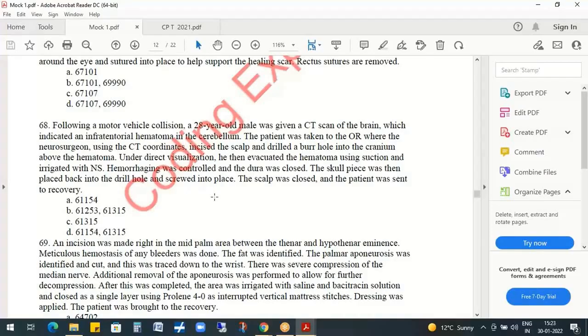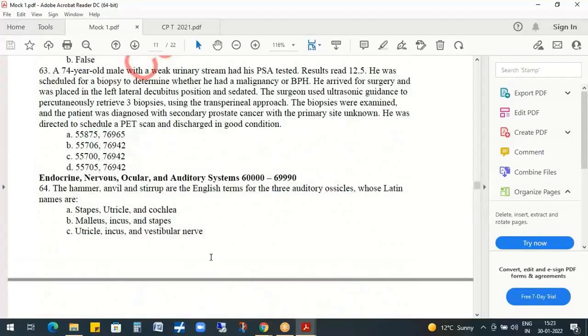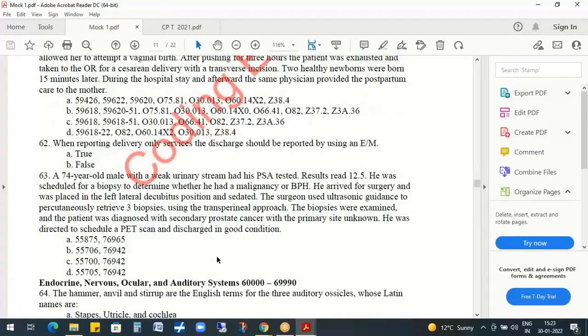Yes, Susha, 62. 66. 66. Shobha, 62: when reporting delivery only services, the discharge should be reported using an E&M. See why we need to code discharge with an E&M code here, Shobha.